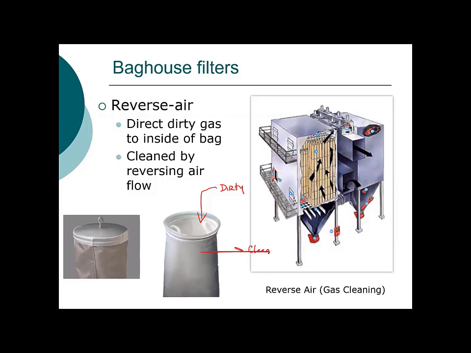You don't have to shut the entire system down. And you clean by reversing the flow. So when you're cleaning the filter, now your clean air goes in from the outside in, and your dirty air and your particulates would flow then down into a hopper, and you can see that there's a hopper below here.